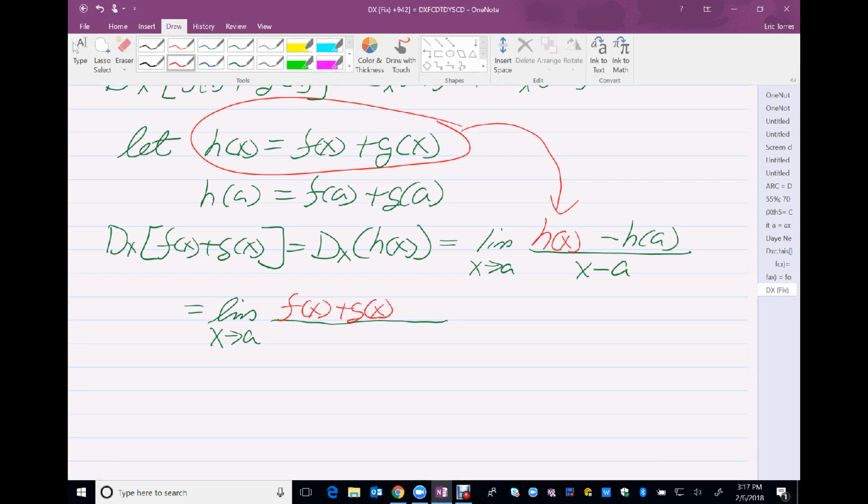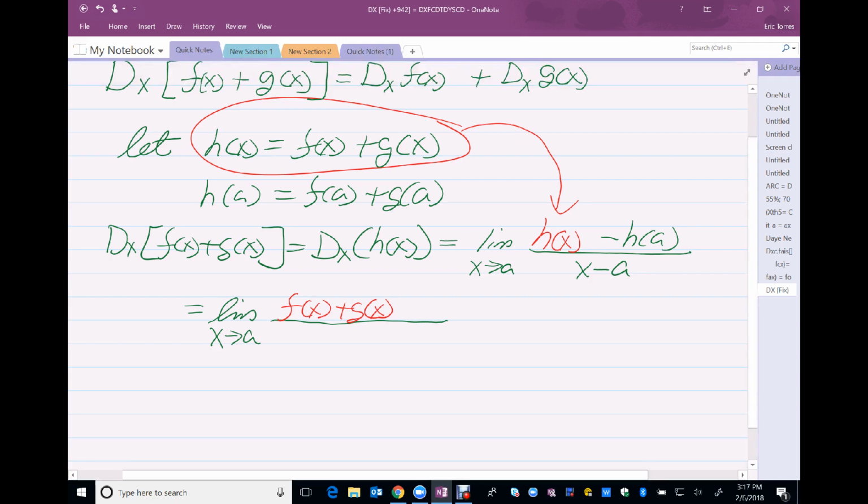That is my h of x. And now h of a is going to be this second component here, and I'm going to subtract it all in parentheses. f of a plus g of a all over x minus a.